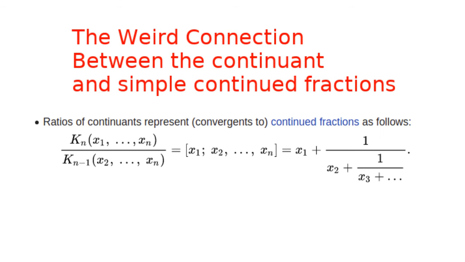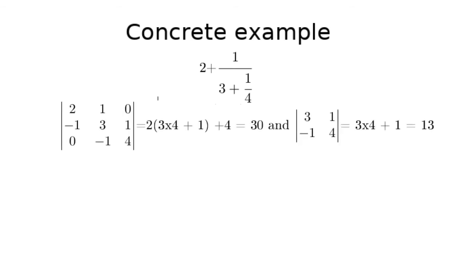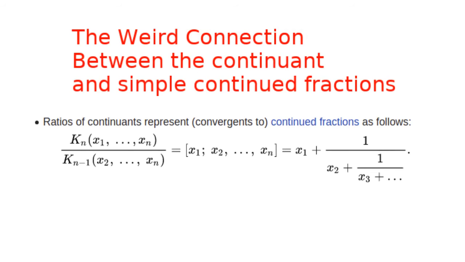Let's do a few concrete examples. So we've got this continued fraction. It's not a very deep order, but when you set it up, we're going to have a 3 by 3 and a 2 by 2, right? Because remember, if we go back, K_n over K_{n-1}, where x_1 to x_n and x_2 to x_n.